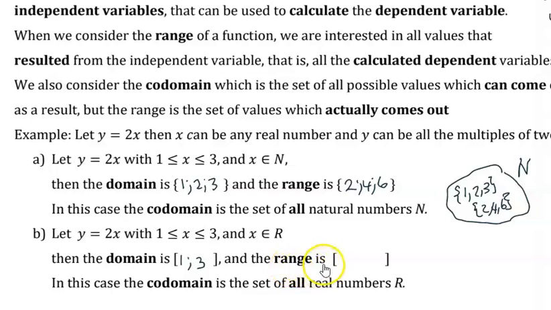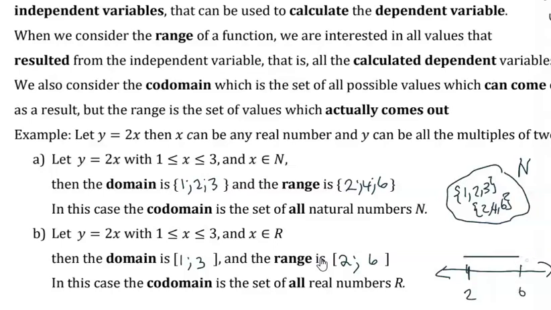So the range will be the set where the smallest value is 2 and the largest number is 6, so it's the whole range. If I look at the real number system, the range from 2 to 6 will be everything in between.